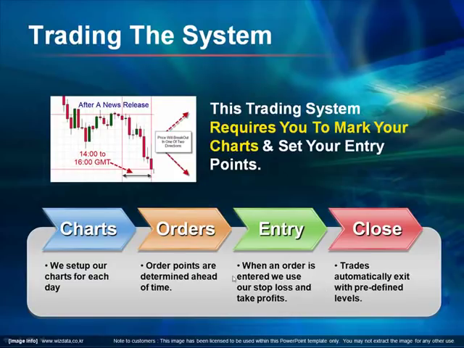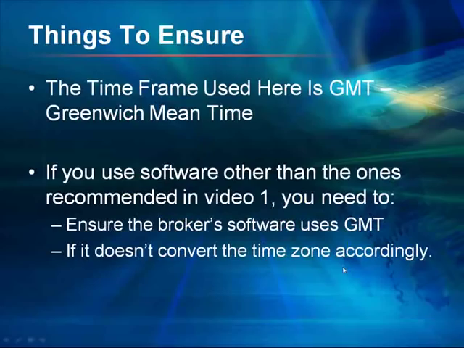And we're going to use stop losses and take profits, so the whole trade is automated. Trades are closed by themselves. Once you've entered the trade, you let it run until either you stop out or you hit your take profit and exit with a profitable trade. And hopefully you learn the system well, and that's what happens most of the time.